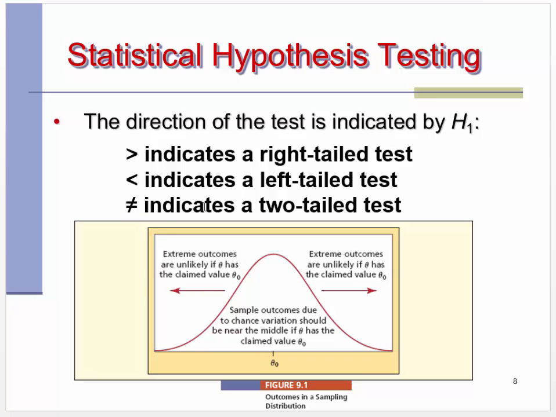An unequal sign indicates a two-tail test. So the sample outcome due to chance variation should be near the middle if theta has a claimed value of theta 0. So this is the left-tail test, right-tail test, or two-tail test.